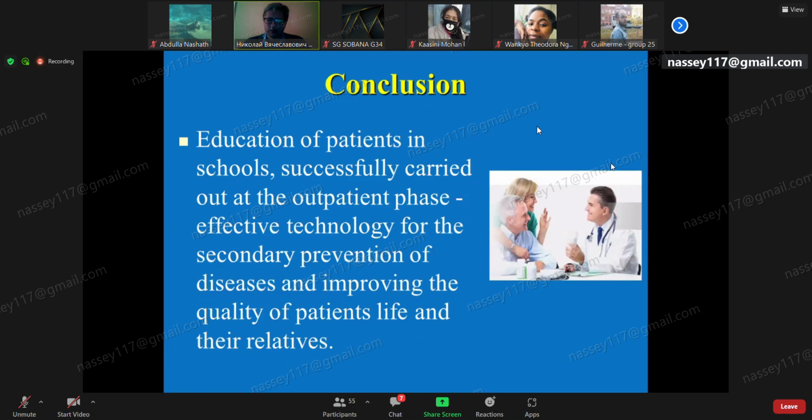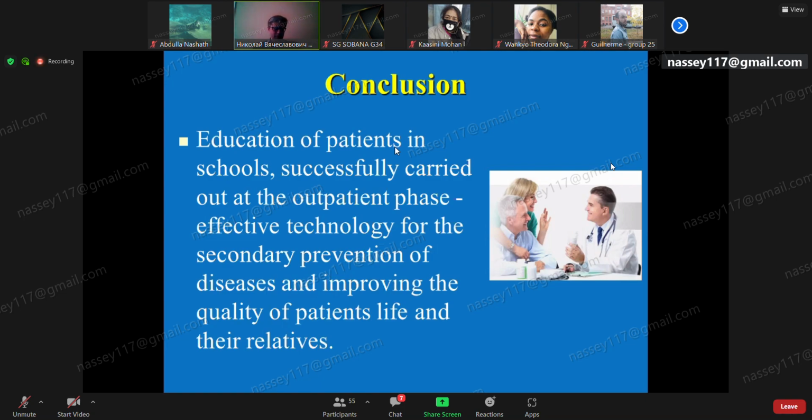And now the whole conclusion, the final conclusion of this lecture, or the second part of the last part of the lecture: education of patients with chronic disease in specially organized schools, successfully carried out in outpatient conditions. It is an effective technology for the secondary prevention of diseases and improving the life quality of patients and their relatives.